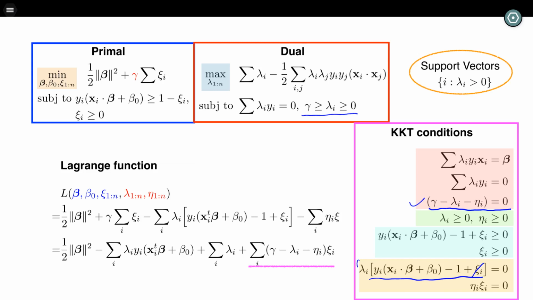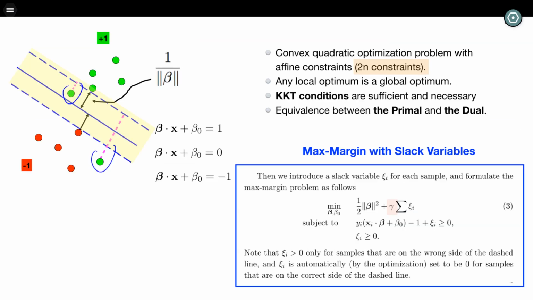So their lambda i is going to be 0. They're not going to be support vectors. So if you're on the correct side of the dashed line, you cannot be a support vector. We can just ignore you.